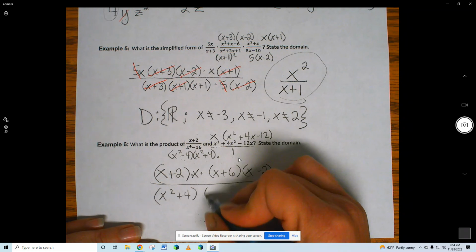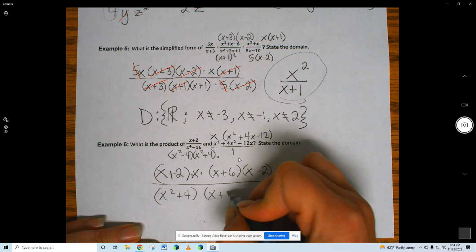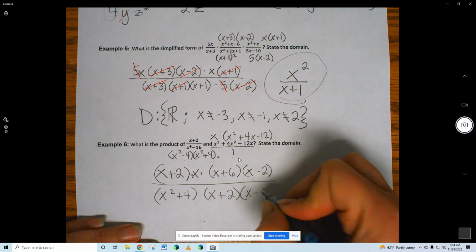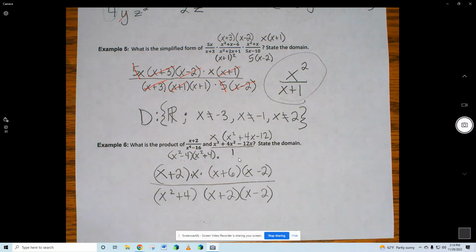I'm not going to do imaginary numbers in my denominator. This seems like something you could do. Does anybody have a question?